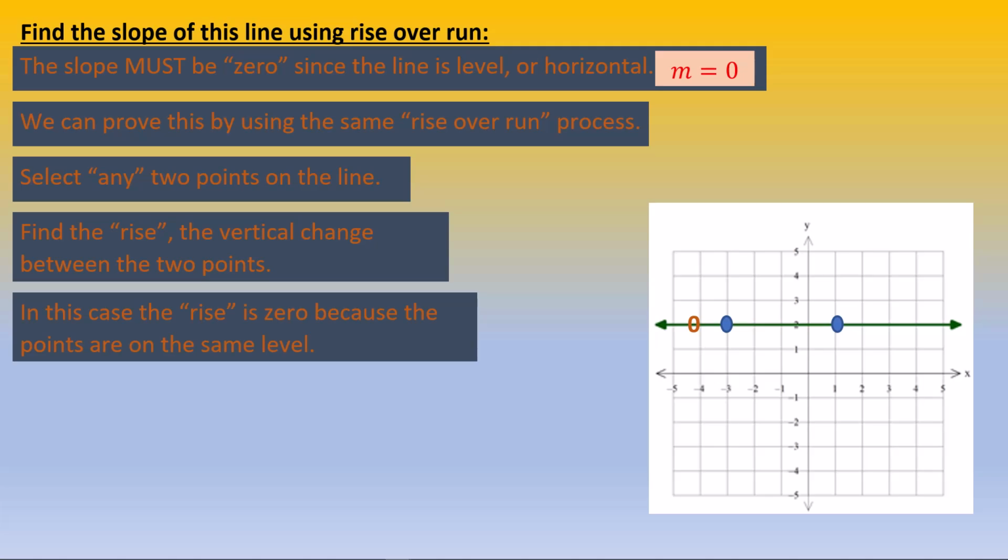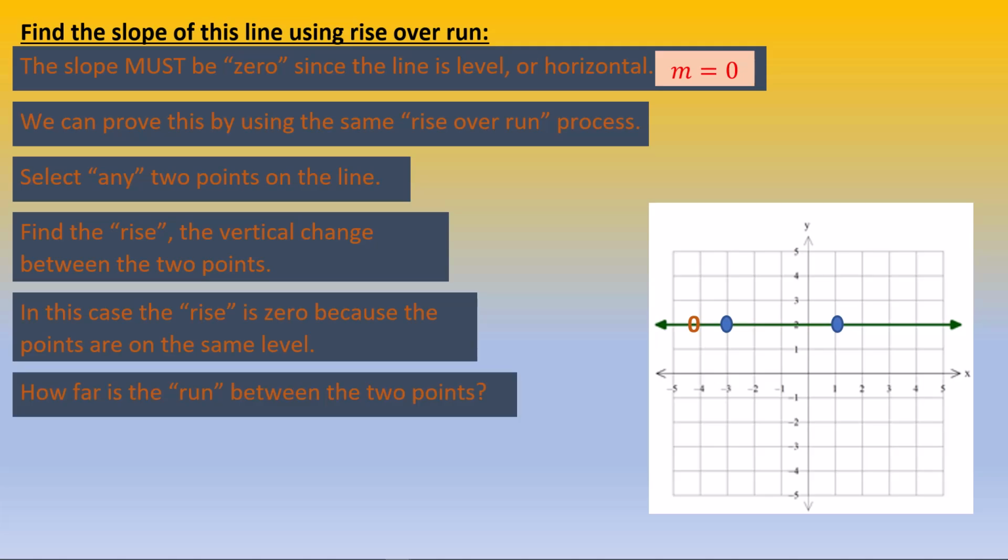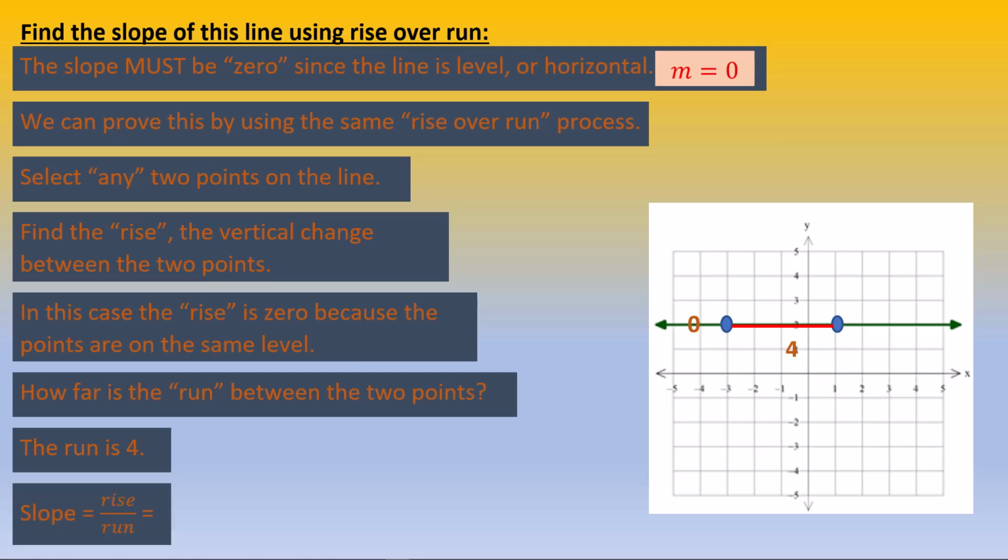In this case, the rise is 0, because the points are on the same level. How far is the run between the 2 points? The run is 4. Slope is rise over run, and so in this case, 0/4, which is equal to 0. The slope of this line is m equals 0.